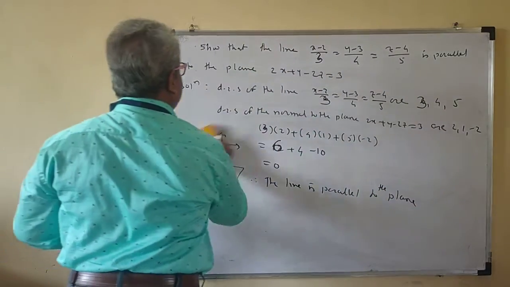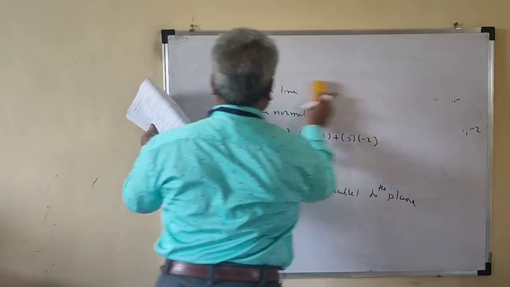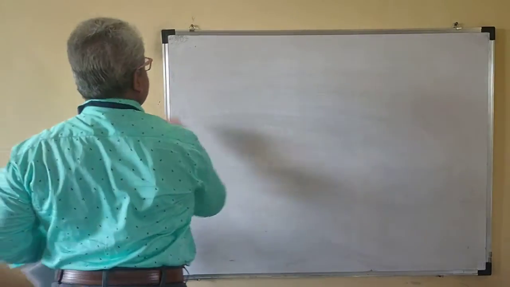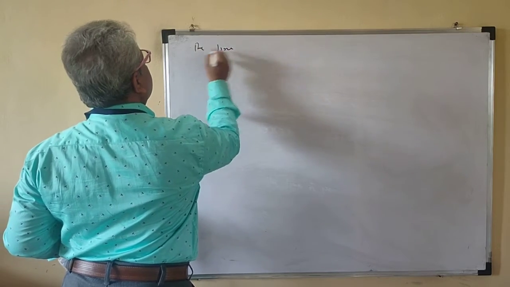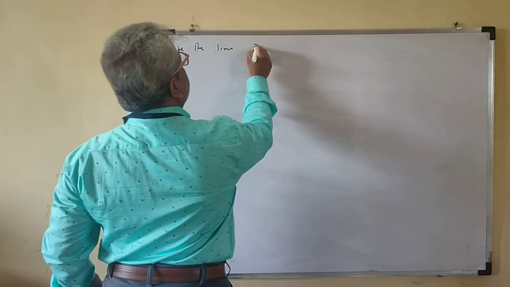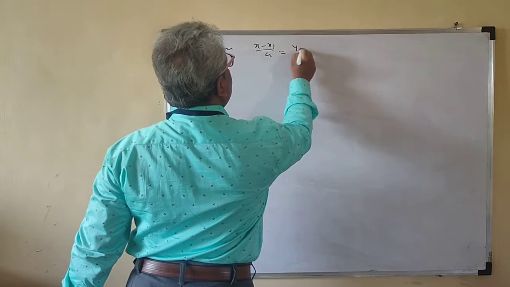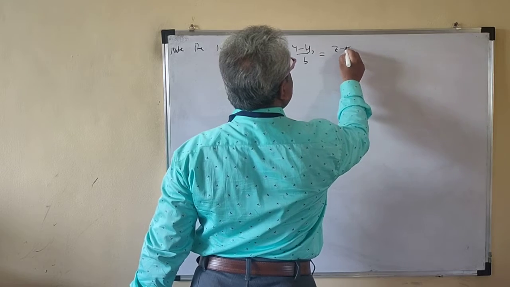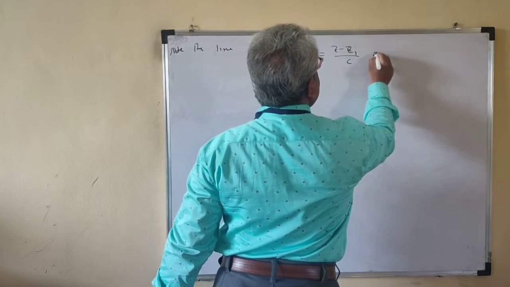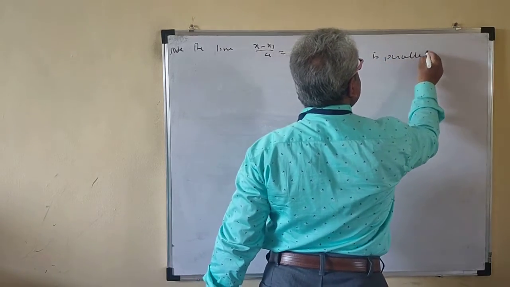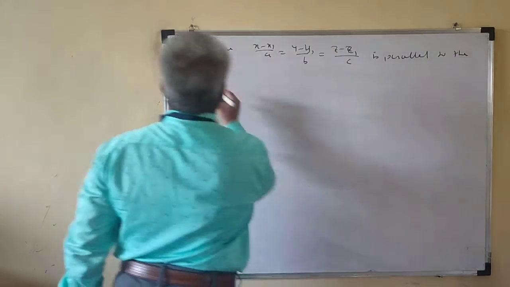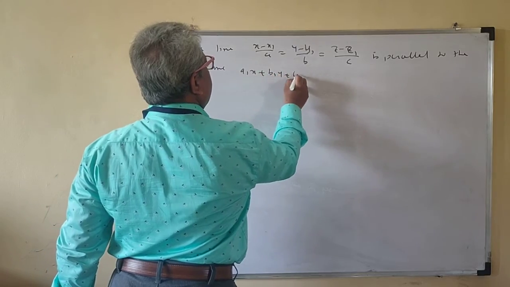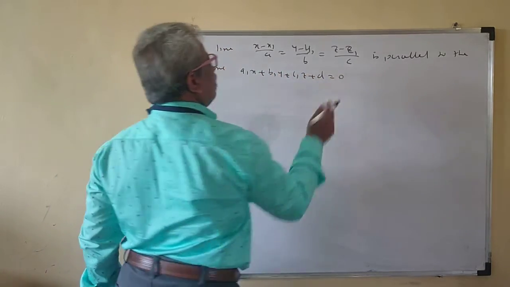Okay, so we'll write a note. The line x minus x1 upon a, y minus y1 upon b is equal to z minus z1 upon c is parallel to the plane a1x plus b1y plus c1z plus d; d1 doesn't matter.